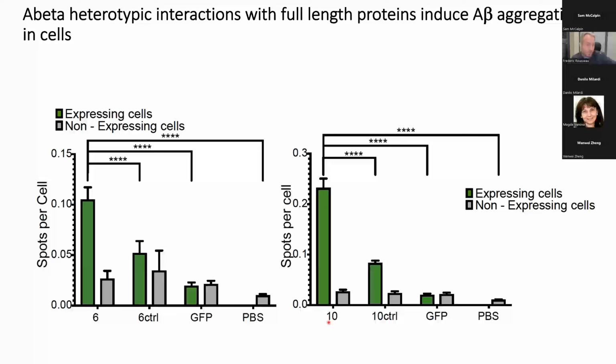And then we looked at whether the initiation of A beta aggregation by the expression of these regionally homologous proteins was determined by those homologous regions. And it was, because as you can see, here is the amount of spots per cell you find expressing one of those proteins. And here you can see when you excise only the region that is homologous to A beta, then you significantly reduce the effect observed.